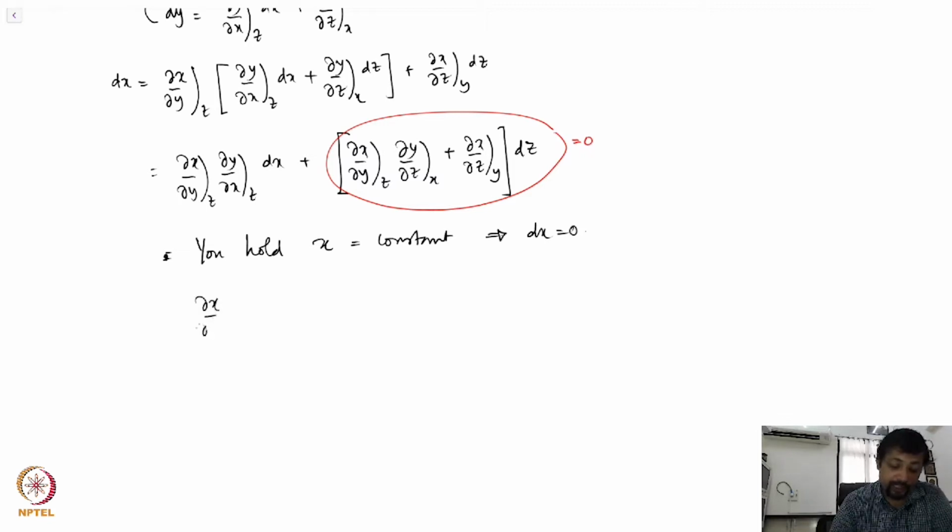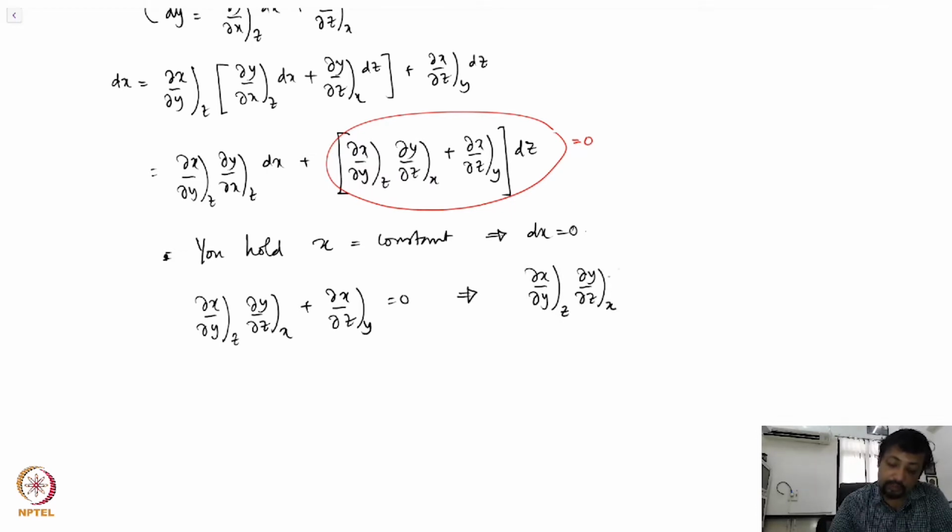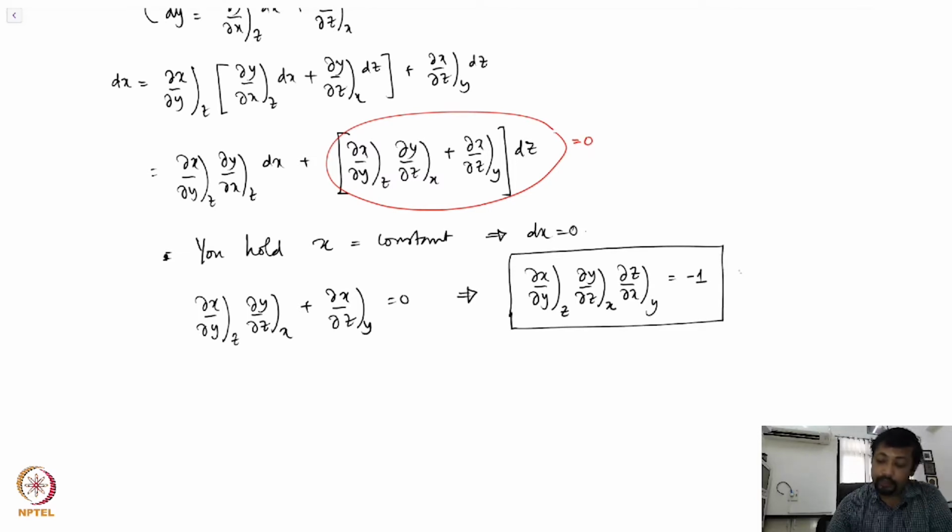Therefore, you have (∂x/∂y)_z (∂y/∂z)_x plus (∂x/∂z)_y equal to 0, which means you come up with a very nice identity: (∂x/∂y)_z (∂y/∂z)_x (∂z/∂x)_y is equal to -1. This is what is called a cyclic identity.